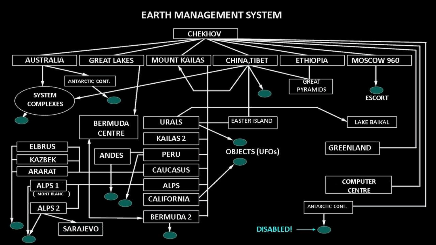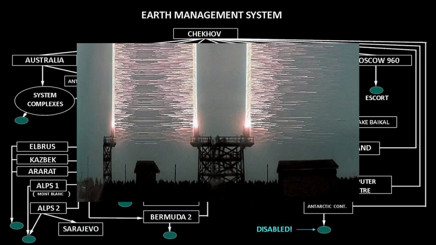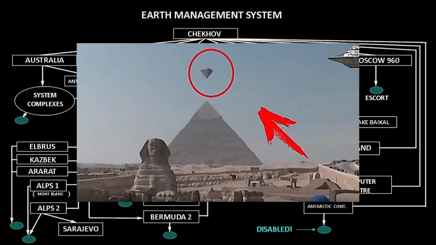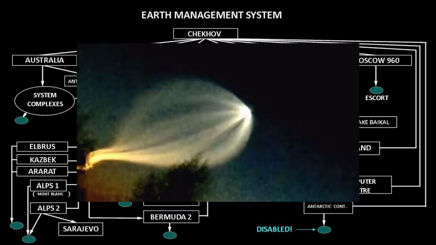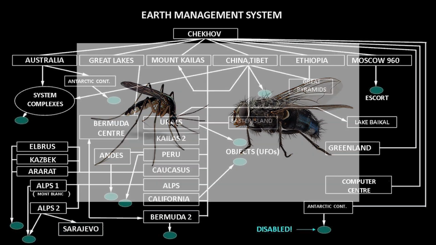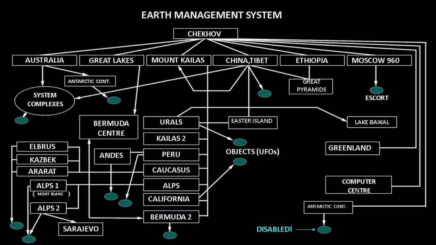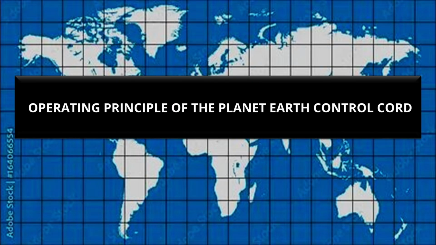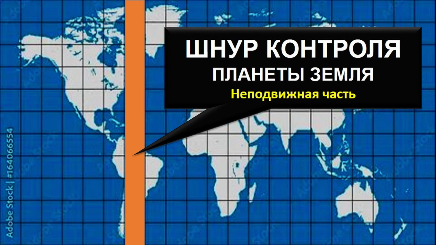Control over the implementation of decisions of the Earth control system is carried out using control cords, so-called UFOs, plasmoids, pets, and insects. Control cords are an energy structure similar to a curtain, which stretches from the northern polar circle to the southern.